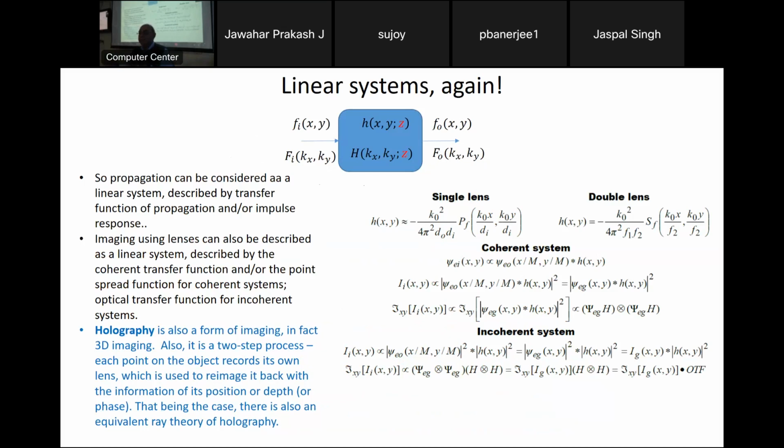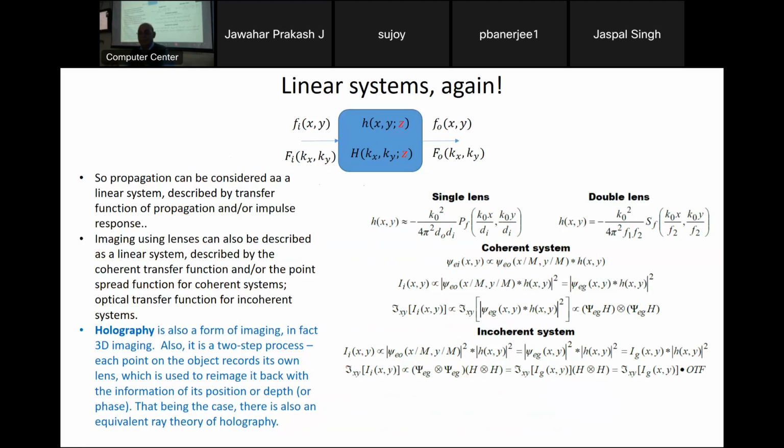But that linear system is comprised of first some propagation to the lens, then multiplying by the lens function, as it is called, or lens transparency function, which is a quadratic phase function, and then further propagation to the image plane. But if you take that whole system together, you can represent that as a linear system.